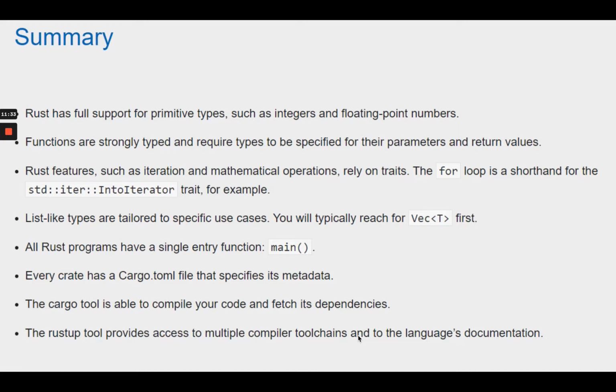You will typically reach for Vec<T> first. All Rust programs have a single entry function, main. Every crate has a Cargo.toml file that specifies its metadata. The cargo tool is able to compile your code and fetch its dependencies. The rustup tool provides access to multiple compiler toolchains and to the language's documentation.